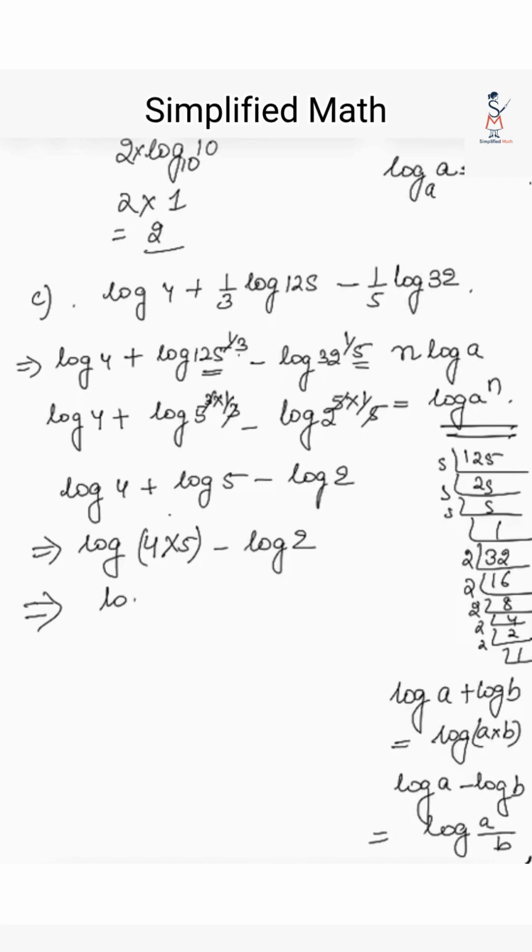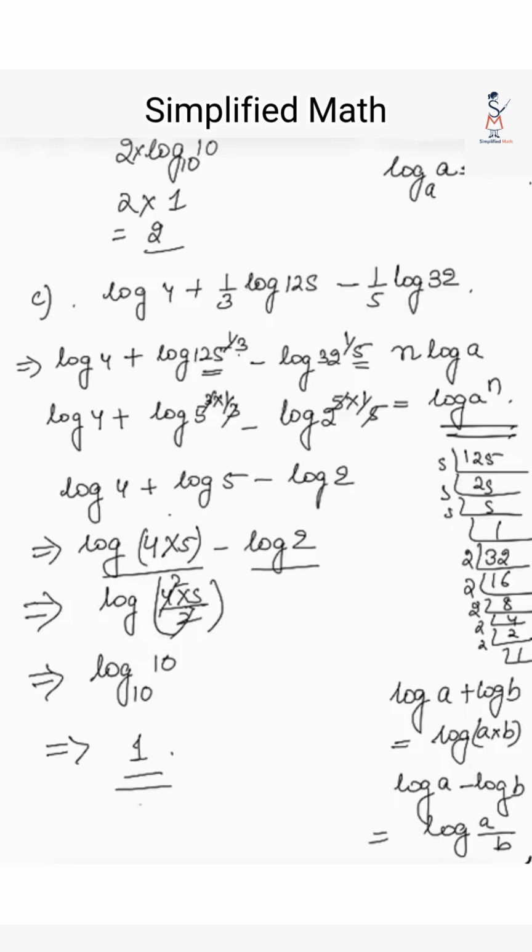So this will become log 4 into 5 by 2. We are following log a, this is log a and this is log b, that is log a by b. So this will get cancelled and what you will get is log 10. If there is no base, that means the base is 10. And we know that any log with the same base, the value is 1. So what is the value for this one? 1. So this is how we will find the values of the log.